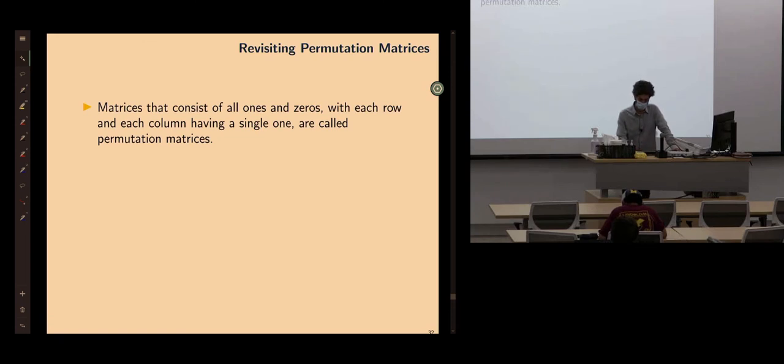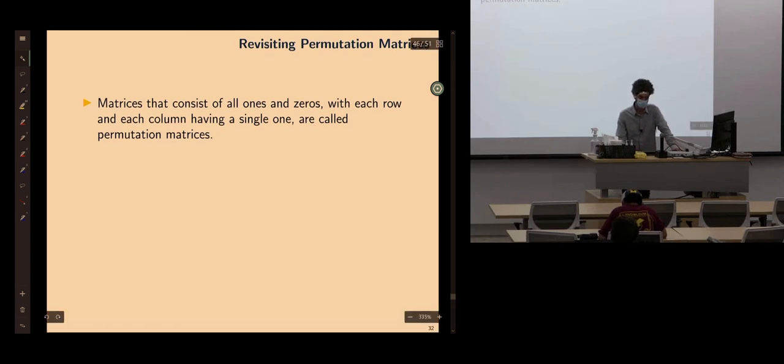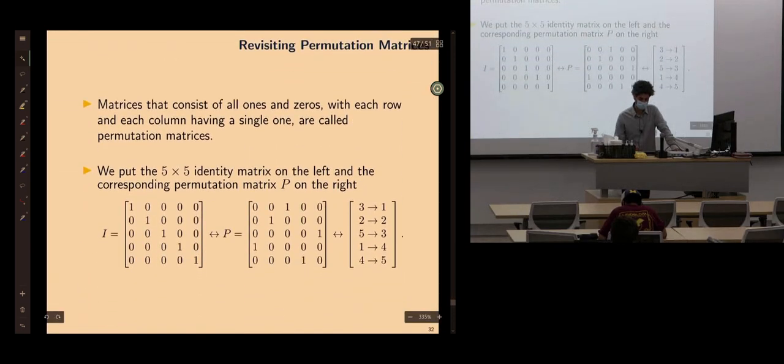And the last topic is revisiting permutation matrices. If you remember permutation matrices, the way we talked about them, we took an identity matrix, we said what rows we want to exchange, and then we would exchange those rows in the identity matrix, which would produce P, the permutation matrix.